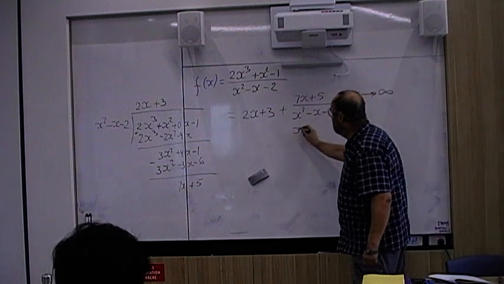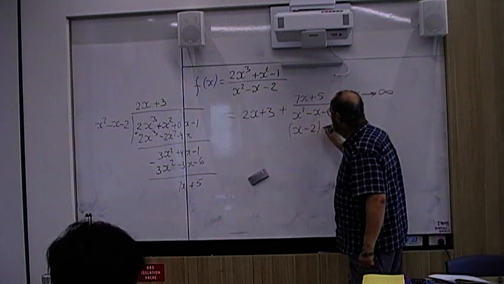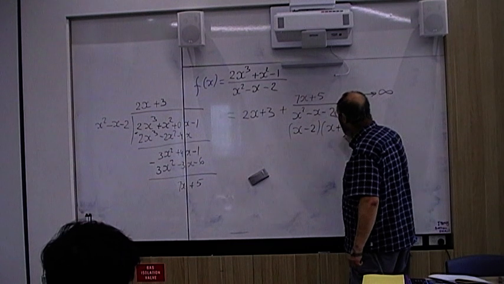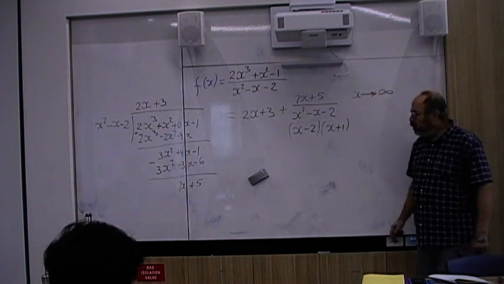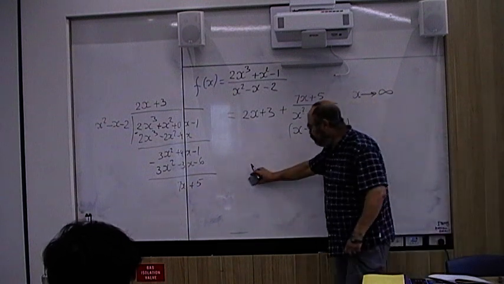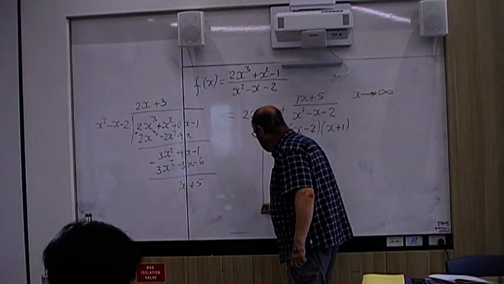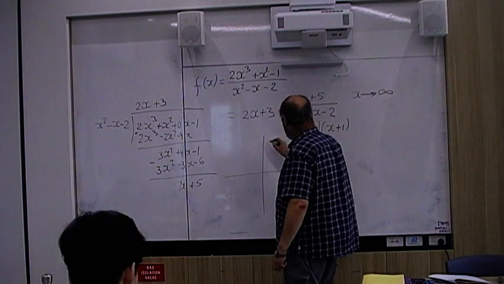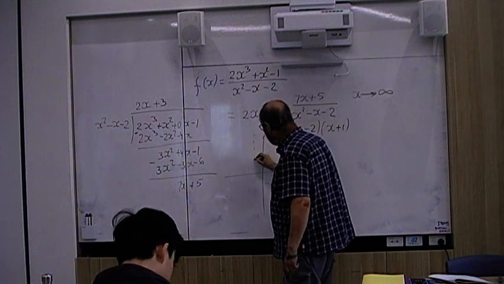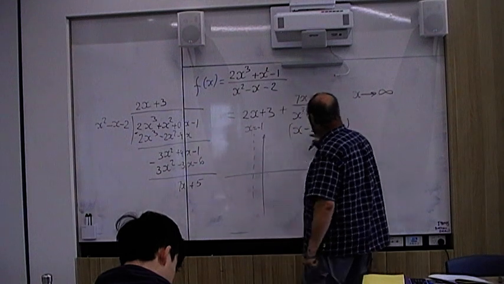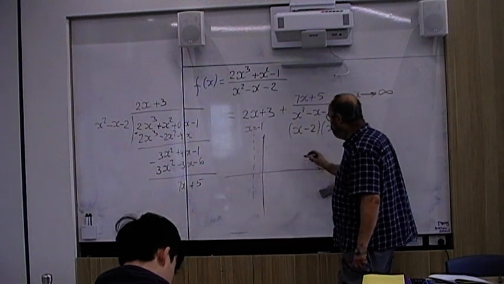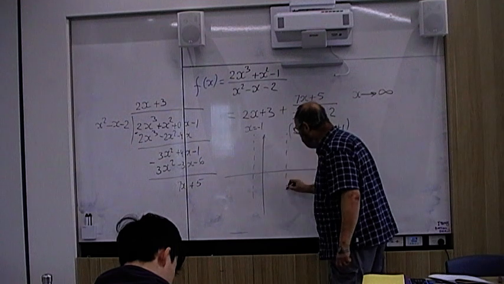we have x minus 2 times x plus 1. So we get two vertical asymptotes. X equals negative 1. We have another vertical asymptote, x equals 2.